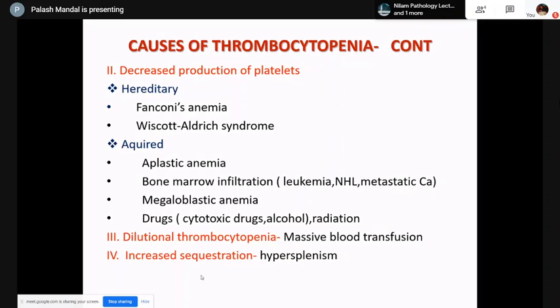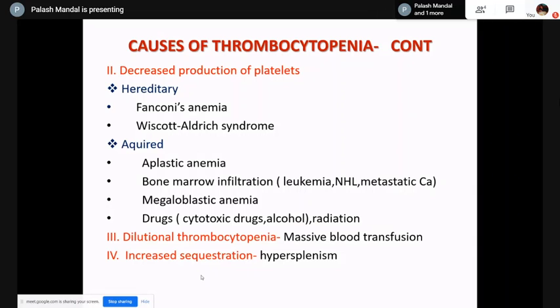Okay, so here if the spleen becomes overactive, if it destroys more cells than necessary, then it is called increased sequestration, and the condition where this can happen is hypersplenism. The spleen becomes enlarged, the spleen becomes a voracious eater. Okay, instead of eating a few particles, it starts eating more and more. So in that case, a condition is generated which is known as pancytopenia, and pancytopenia leads to thrombocytopenia.